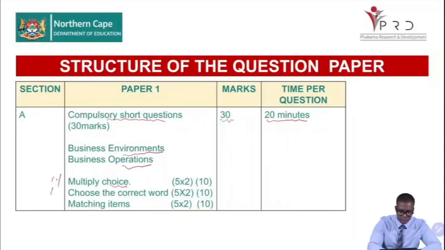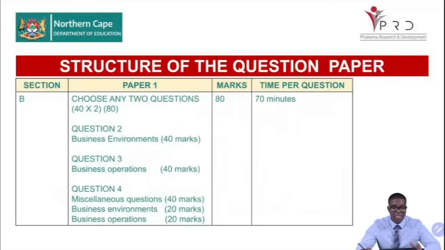You have your 1.2 being choosing the correct word from the box with the different concepts, and then you'll also have 1.3, which we call the matching items, wherein you are going to be comparing between column A and column B. Now, that is your section A, and this will be assessed as compulsory questions, meaning everyone should answer the section A, which is question 1.